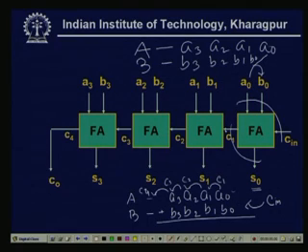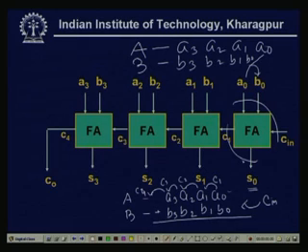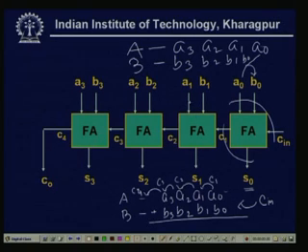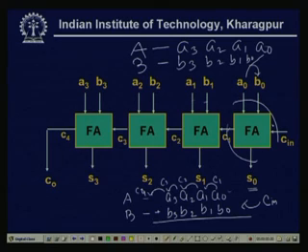Now, C1 is fed to the second full adder module, where the operands are A1 and B1, the second bit of the two operands. Again, for the second full adder module there are 3 inputs, A1, B1 and C1, the previous carry, and it generates 2 outputs, C2 and S1.